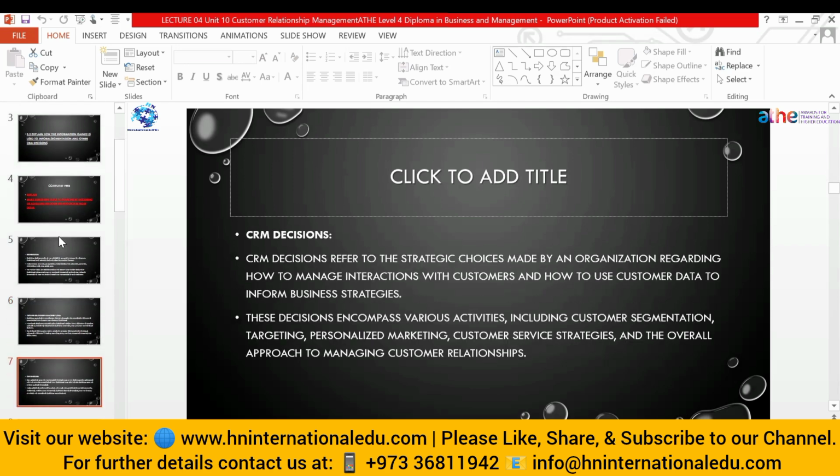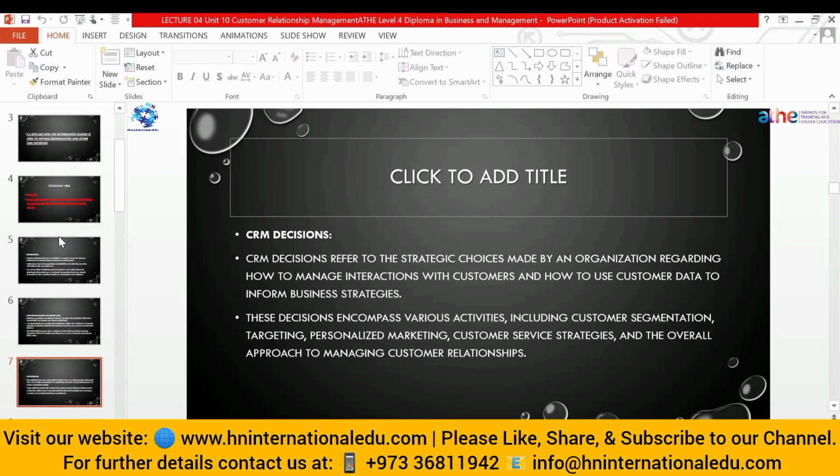Then we have CRM decisions. These refer to the strategic choices made by an organization regarding how to manage interaction with the consumers and how to use the consumer data to inform the business strategies. We are clear on what customer relationship management is. Now, the CRM decisions are those which are important to take in the organization on a daily basis.